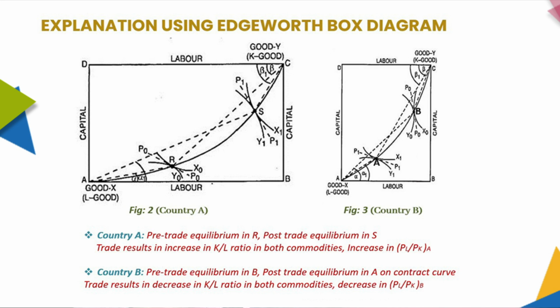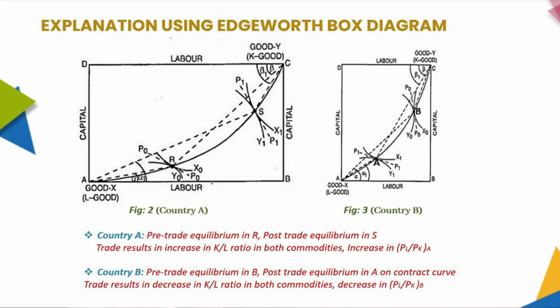The pre-trade equilibrium in country A is at R and the post-trade equilibrium is at S. When trade commences, it results in an increase in the capital labor ratio in both lines of production, in both commodity X and commodity Y. This we can detect from the slopes of the lines AR and AS and CR and CS.